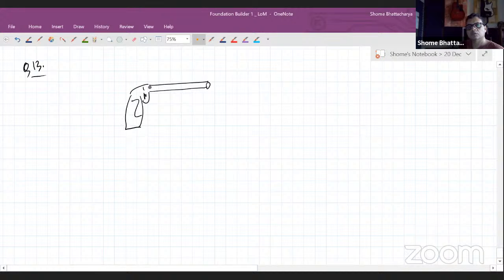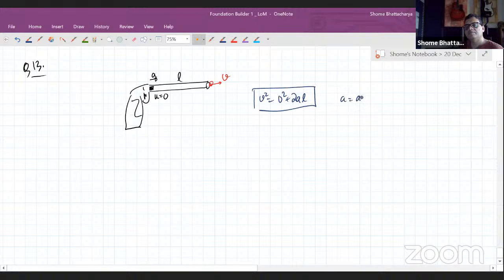The bullet starts from inside here with an acceleration but u equal to 0, and by the time it comes out from this side, it has got a velocity v. So we can say that v square is equal to 2 a l, where a is the average acceleration.